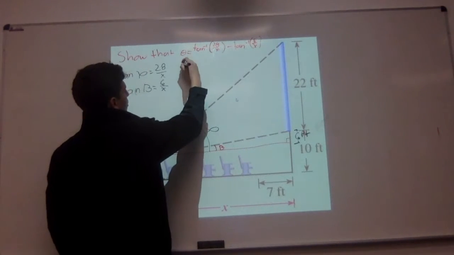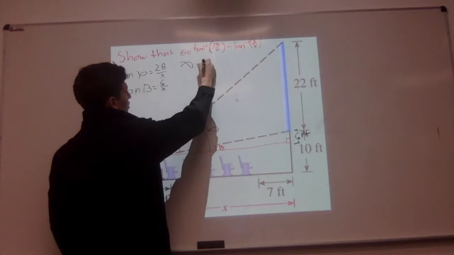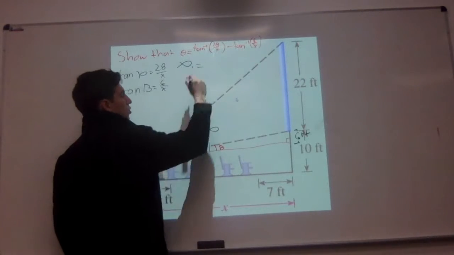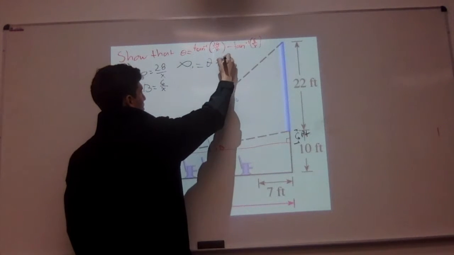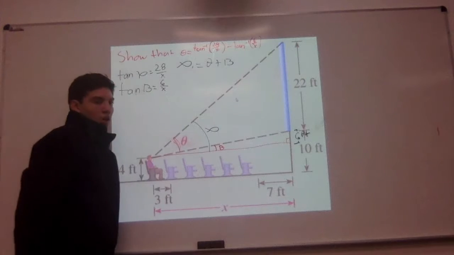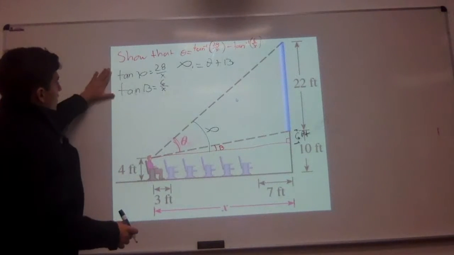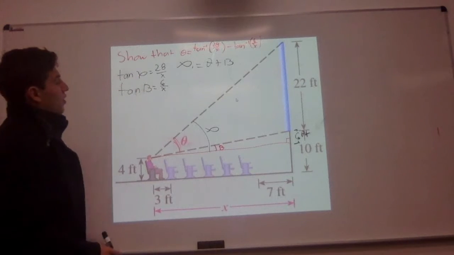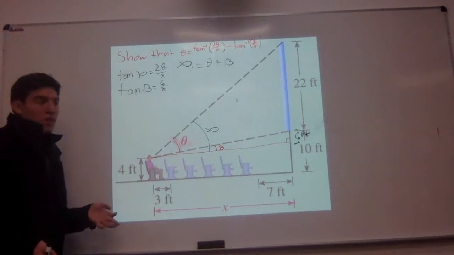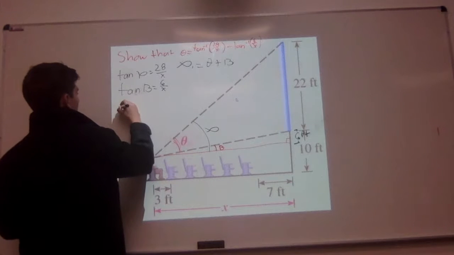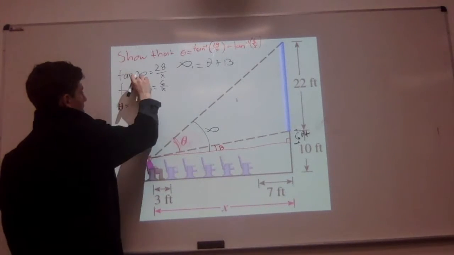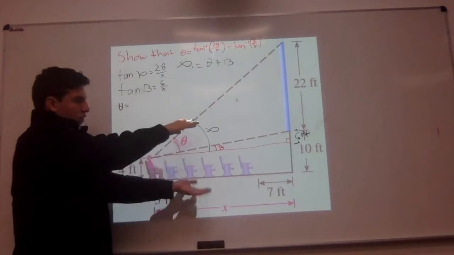So alpha is equal to theta plus beta. Okay, so we defined the tangent of theta and tangent of beta, and if we sum this, we have theta. We have theta. It's equal to tangent of alpha. It's the total angle.